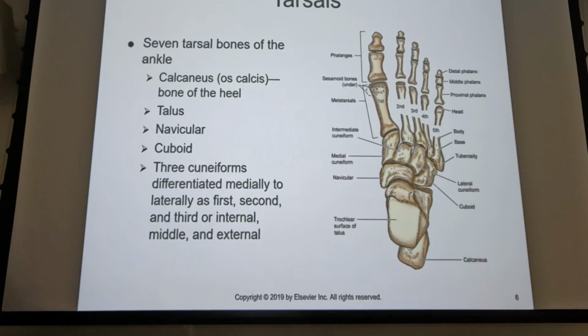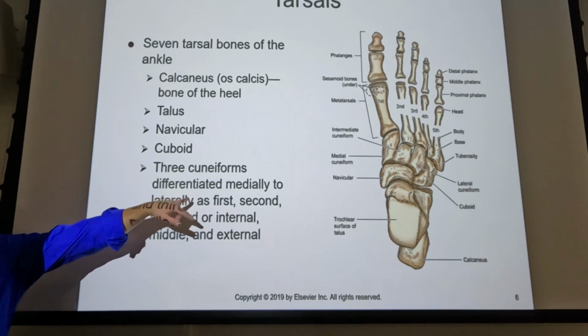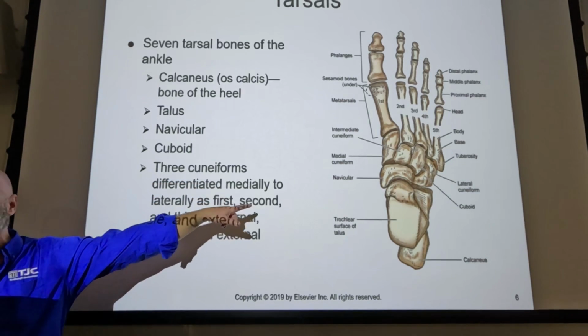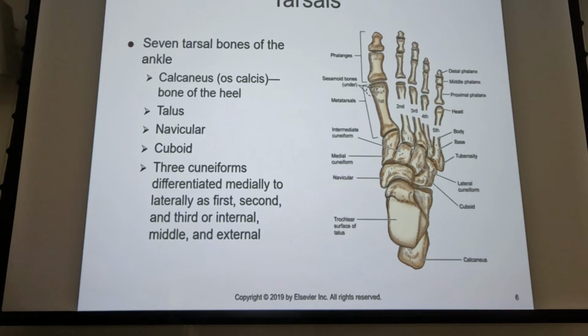I don't know that I've ever seen test questions in the registry review books that say a whole lot about the labeling of the tarsals. It's easier in that you've got 3 bones named exactly the same thing, the cuneiforms, and their position is just where they are: lateral, medial, or intermediate. But we just don't label them all that much.